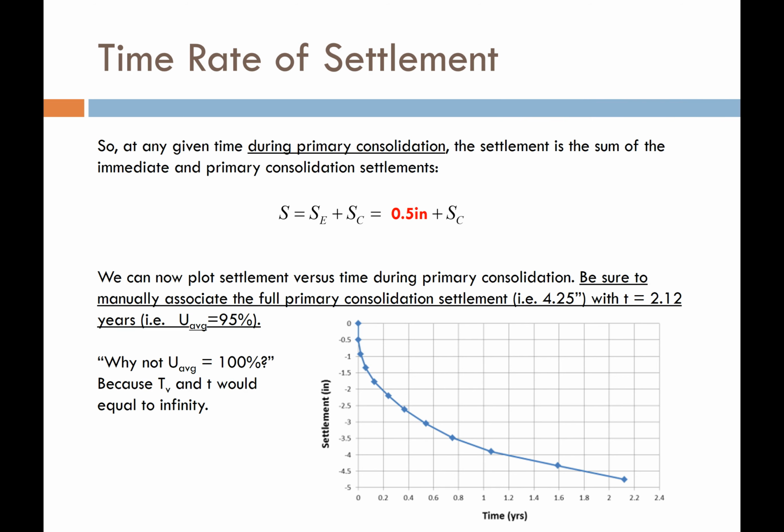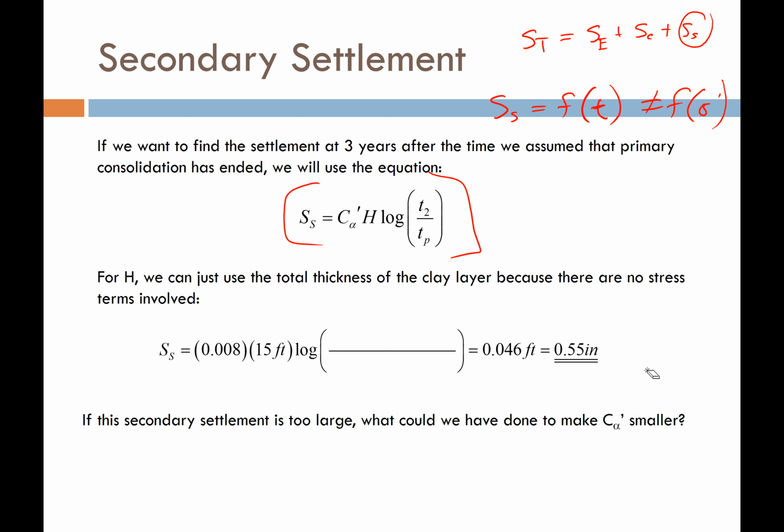That gave us 95%, but we're just going to treat that as 100%. So for this problem, that's 2.12 years. And T sub 2 is going to be the time to primary plus the time of interest, which in our problem was 3 years after we assumed primary consolidation has ended.